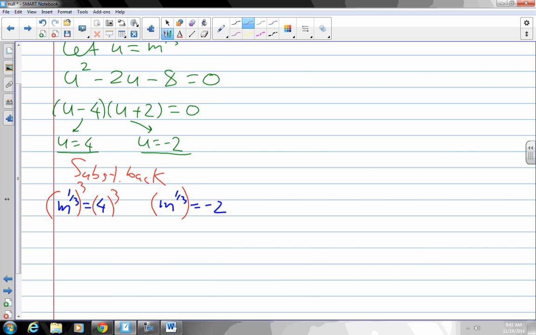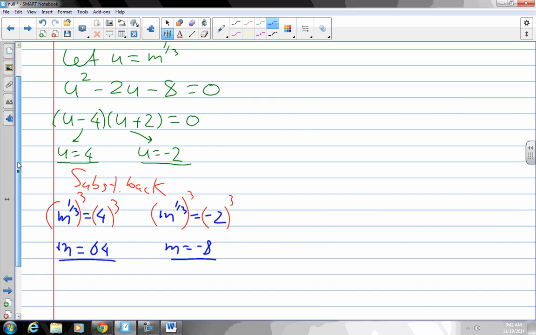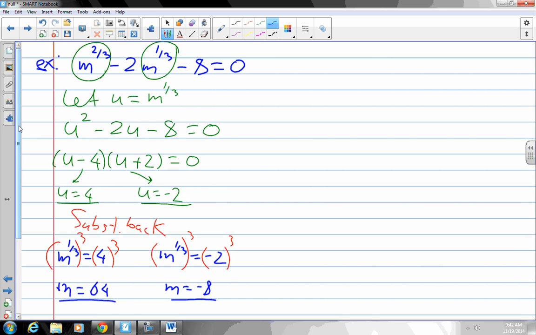And when you cube both sides, you don't need to worry about extraneous solutions, because cubes preserve the sign. So then m equals 64, m equals negative 8. And that's it. How much sense is this making?